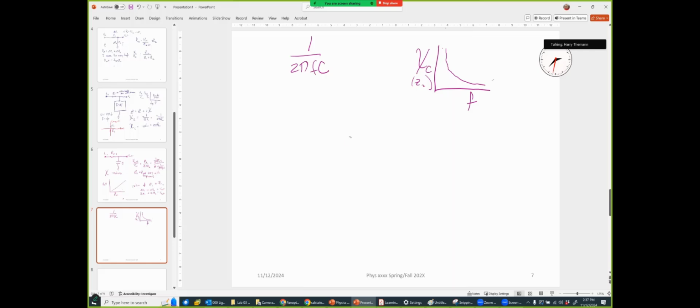Okay, so when we look at this circuit that we just had, this is called a pass filter, a band pass filter.